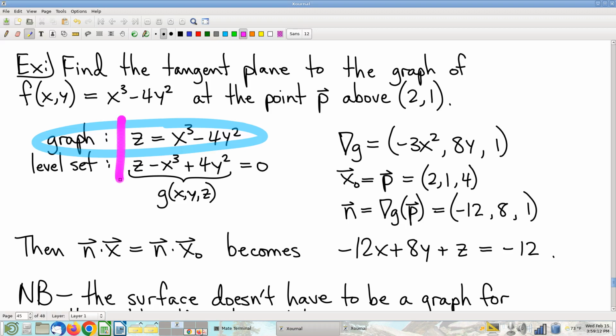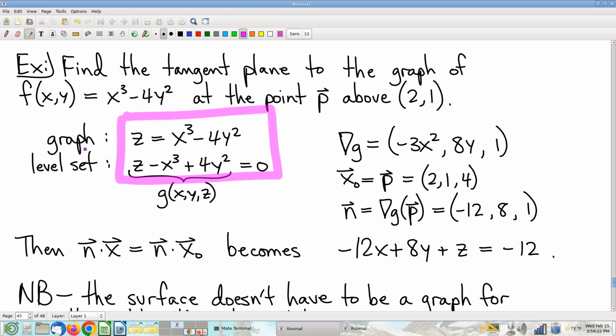Let me do some trivial little algebra here, again just moving terms around. And as a result of moving terms around, I'm going to reinterpret this graph as being a level set of a new function. And my new function is this thing here.